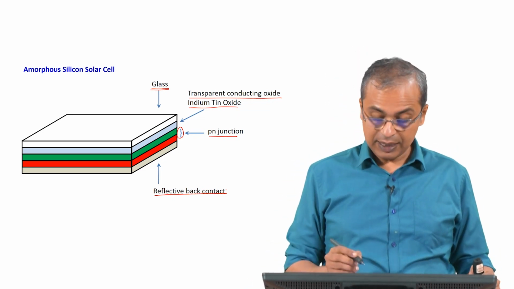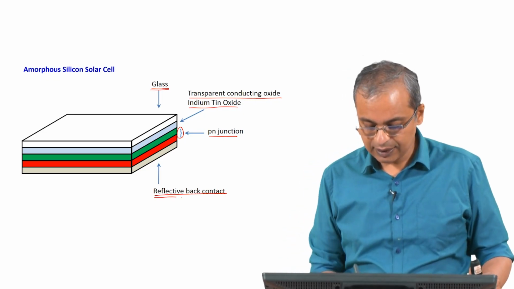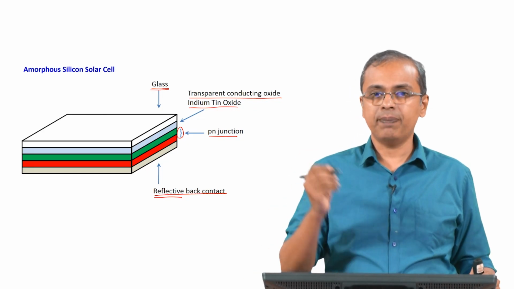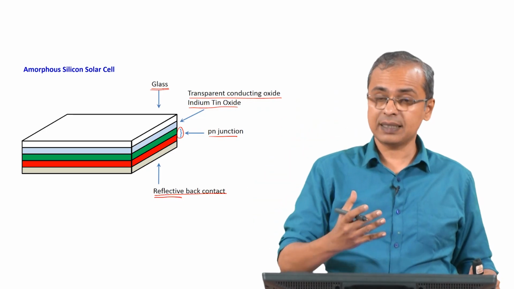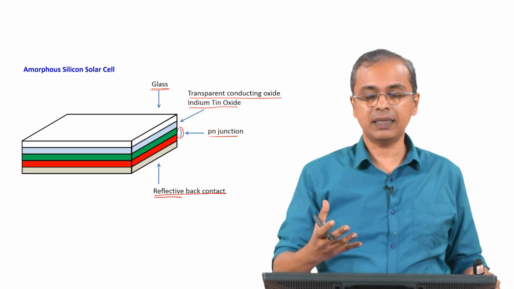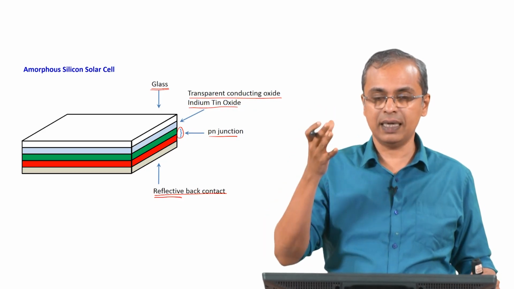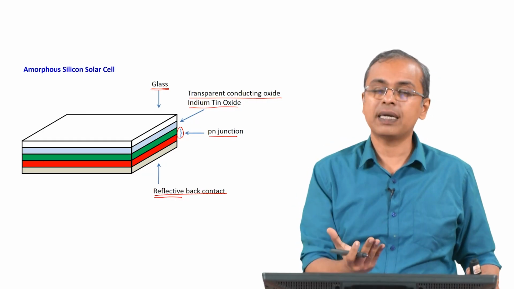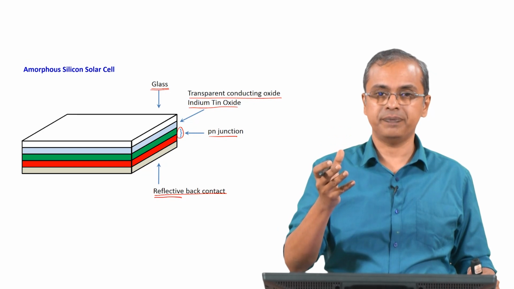It has conductivity, but you additionally add the idea that it is reflective. So, why do we do this? The back contact is made specifically reflective, so that the sunlight that goes through, which sometimes will not participate in the electron hole generation process, may just miss the junction and go through. Now, by reflecting it back, you are giving an additional chance for the sunlight to get captured.